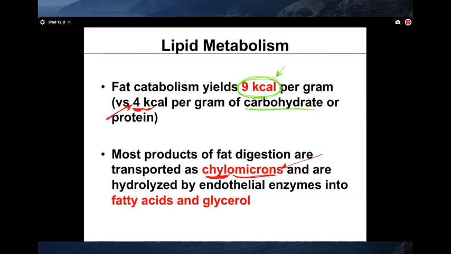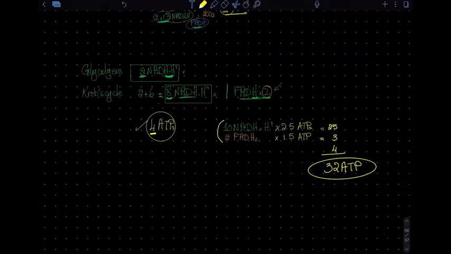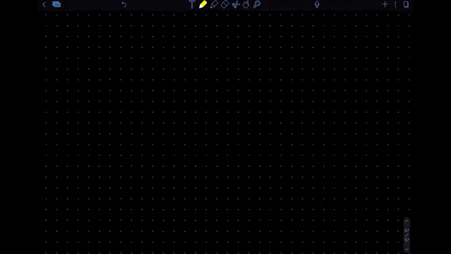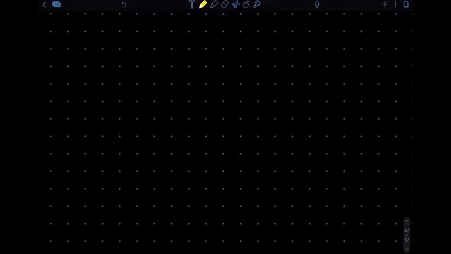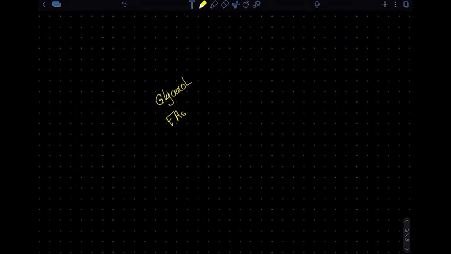One of the topics that we've discussed in those videos was how do we absorb fat? And the absorbable form of fat is going to be either glycerol or fatty acids. Those are the absorbable forms of the fats that we are ingesting.